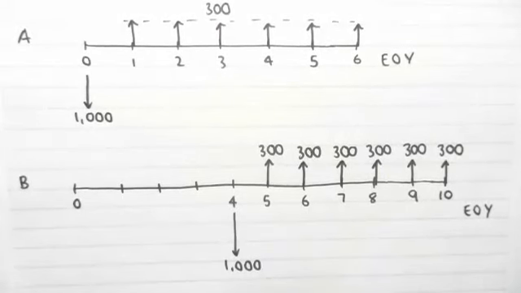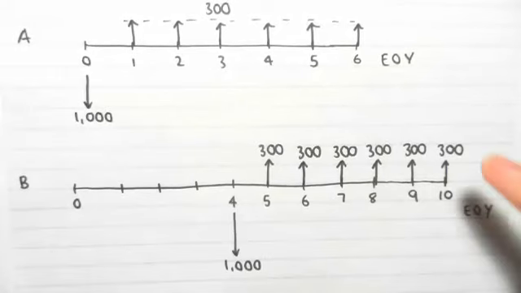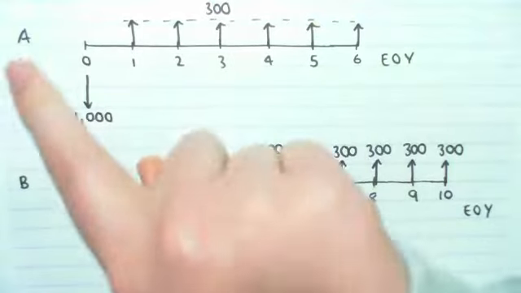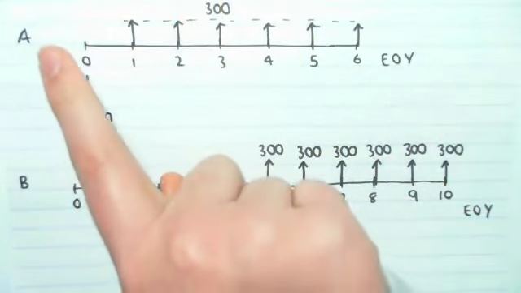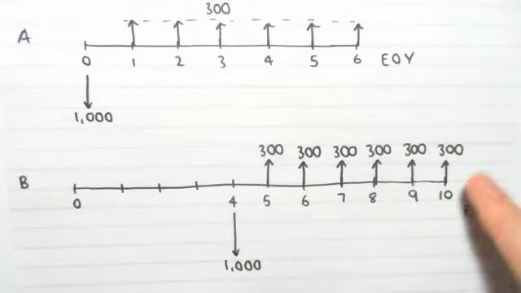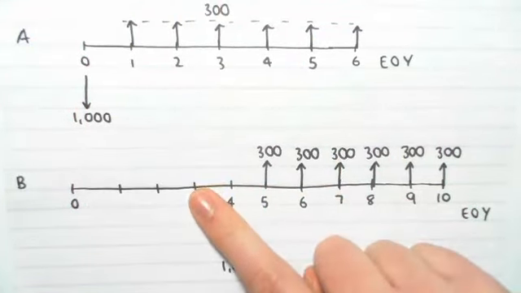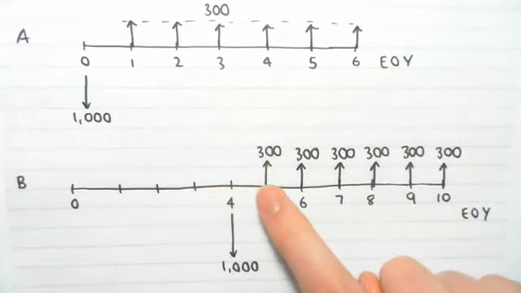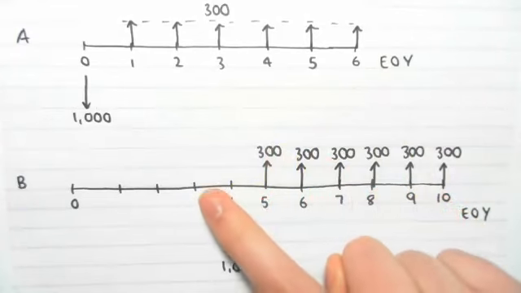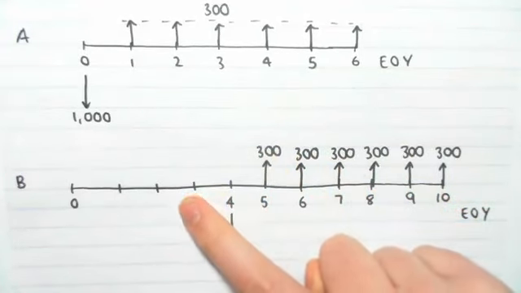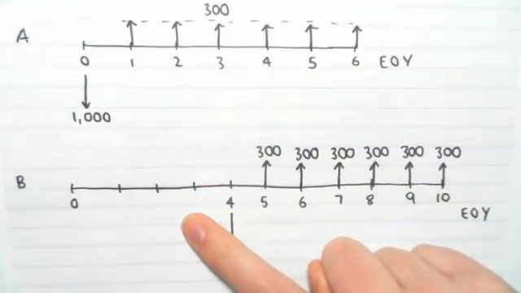If you just think about this, whatever your present worth is going to be here, it's going to be the same present worth of this but in year 3. Because if this was 1, 2, 3, 4, 5, 6 and this was 0, it's the same question. But this is now going to be in year 3.